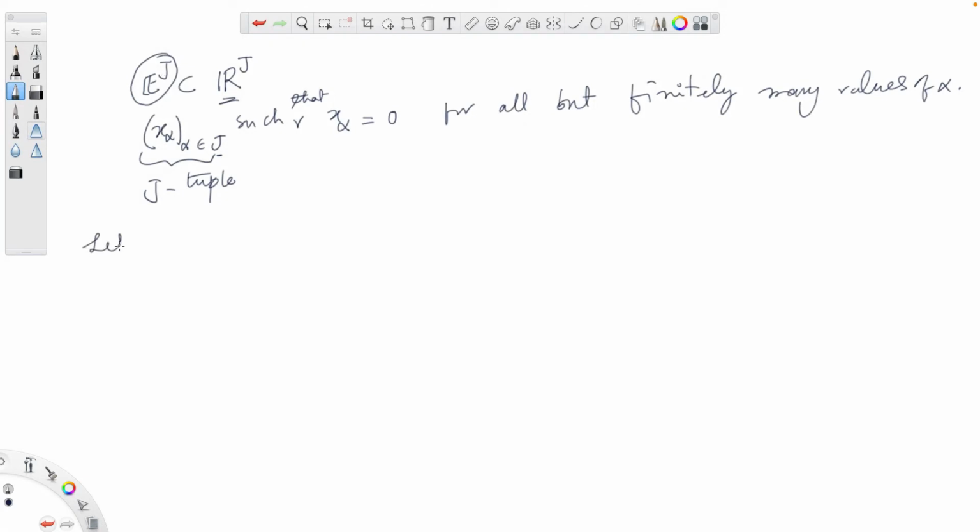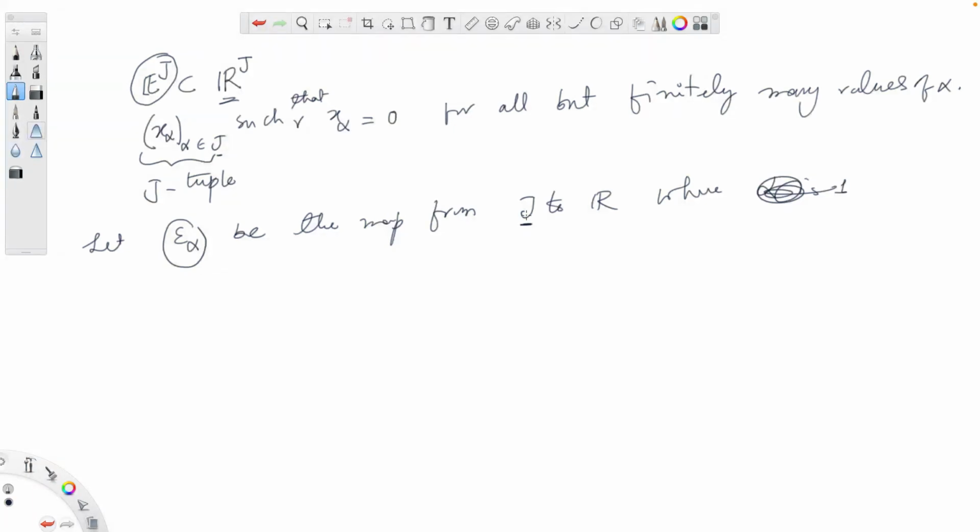Now let E sub alpha be the map from J to the set of real numbers where its value for the index alpha is only 1, and otherwise it's 0.